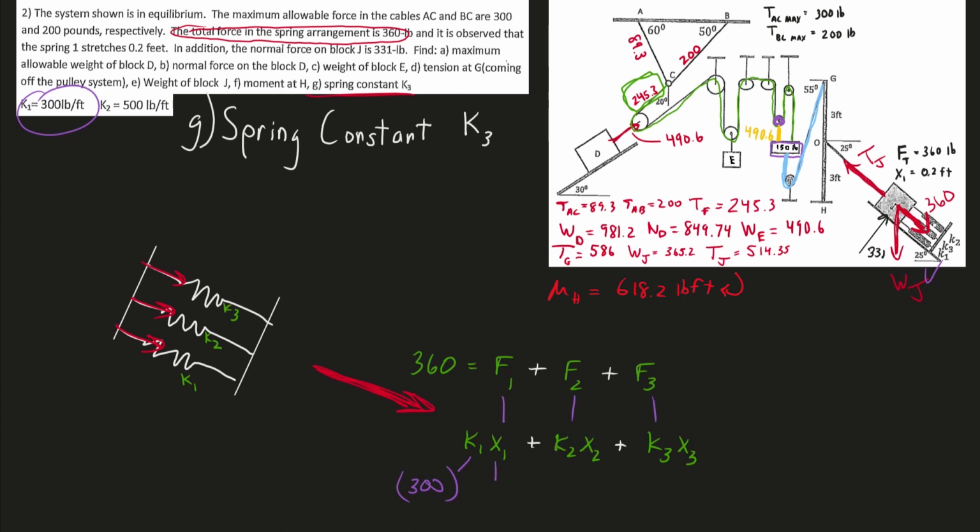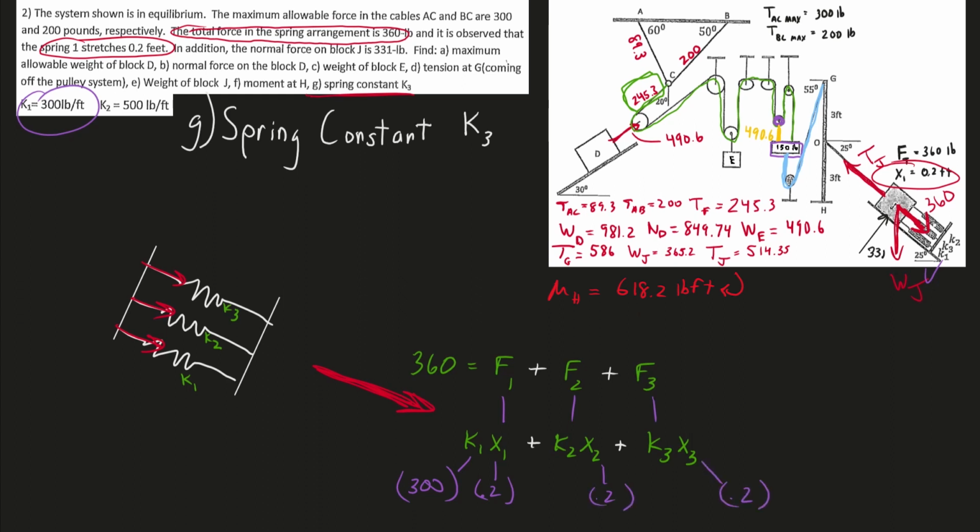X1, do I know the stretch in spring 1? Well, do I know the stretch in any of the springs? Because remember, when the system stretches or compresses, each spring moves with the same x. And I actually do. Again, from our initial information, spring 1 stretches 0.2 feet, so that's actually the stretch in all the springs. 0.2 for x1, 0.2 for x2, and 0.2 for x3.